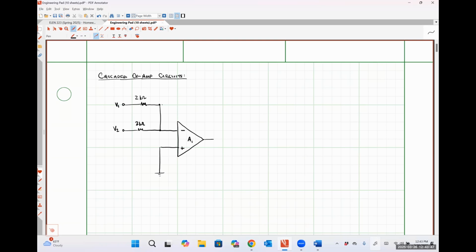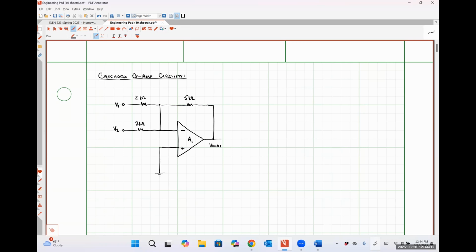And I'm going to apply negative feedback with a 5 kilo ohm resistor here, connected to the output terminal of op-amp 1. So I'm just going to label this node as effectively Vout1.